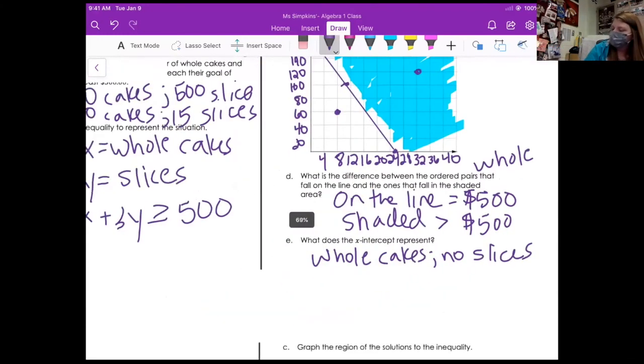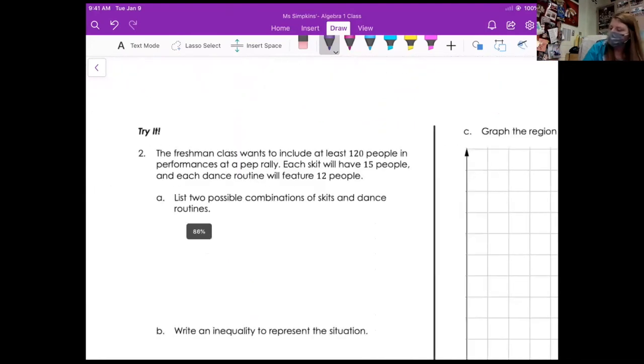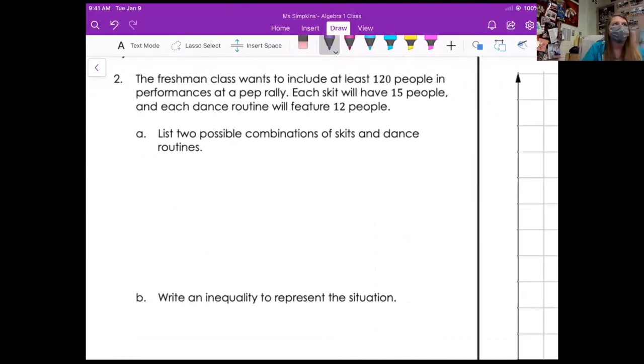Okay, so I do want you to do the try it, but only part A and part B, because I do want to still graph together for now. So I'll read it. It says, the freshman class wants to include at least 120 people in performances at a pep rally. Each skit will have 15 people, and each dance routine will have 12 people.